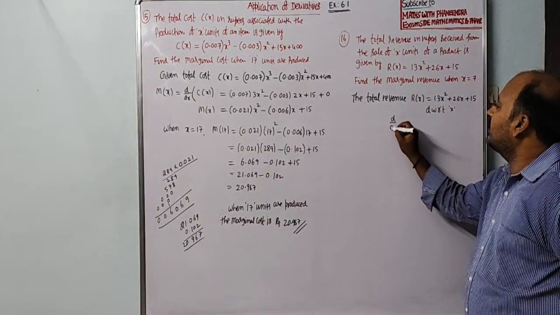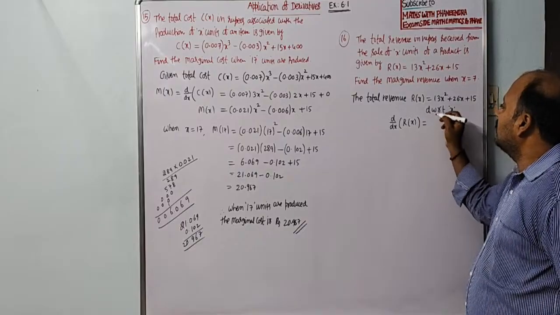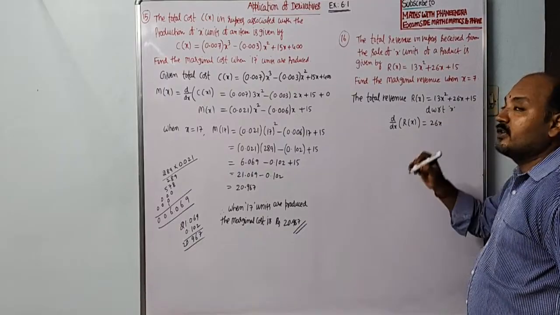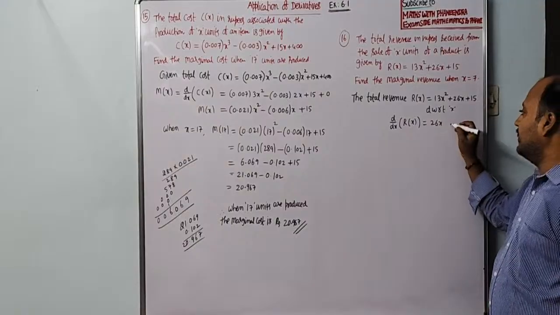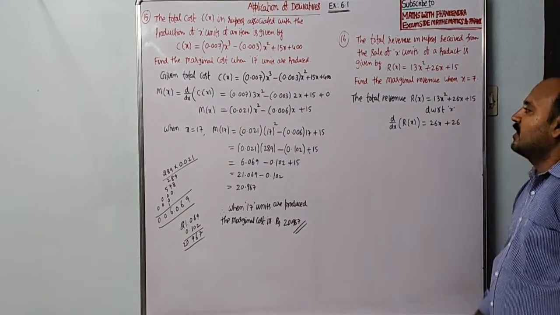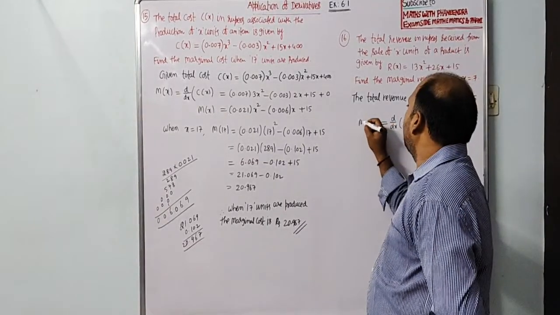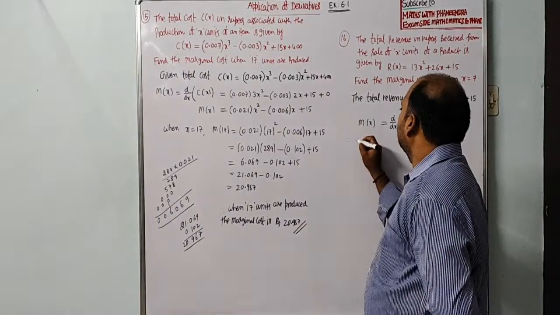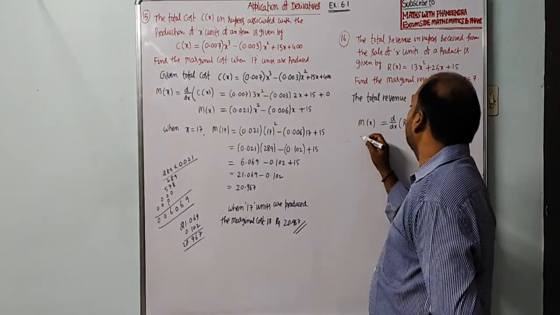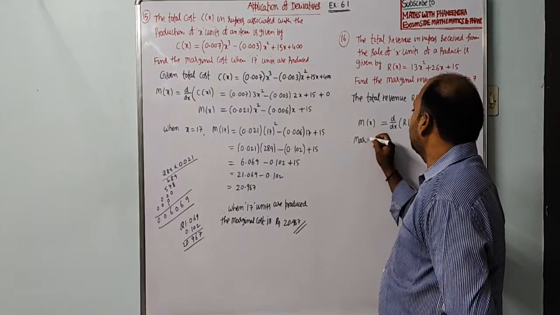So d by dx of R of x is equal to 13 into x square derivative is 2x, 2x into 13 plus 26x into x derivative is 26. So this is about marginal cost. This is marginal cost.